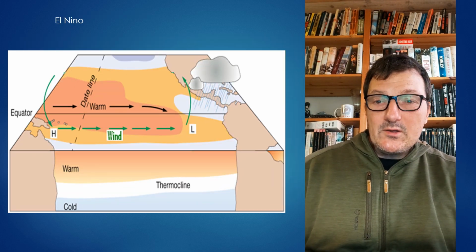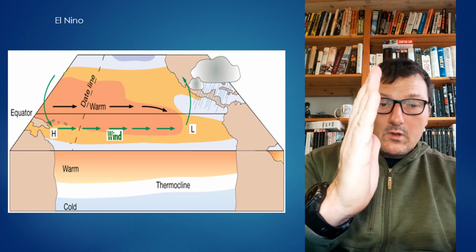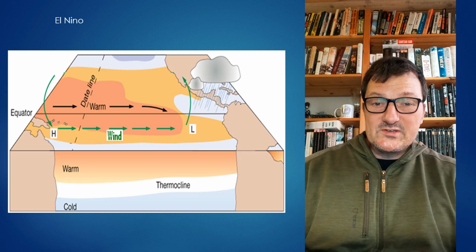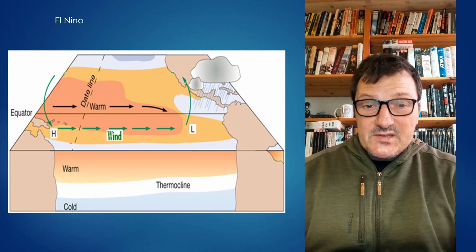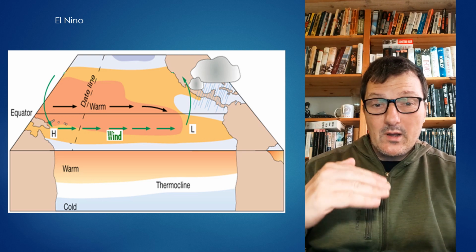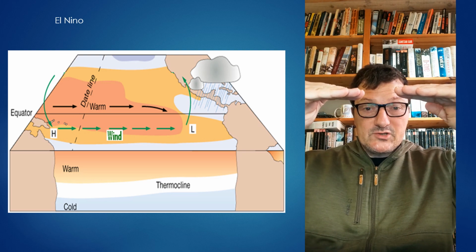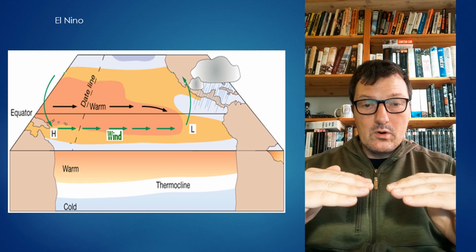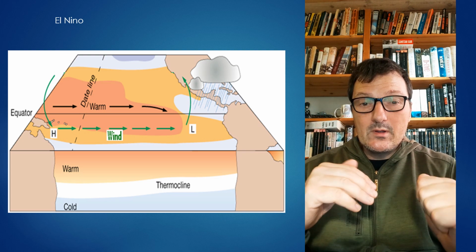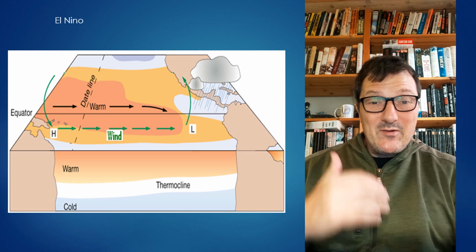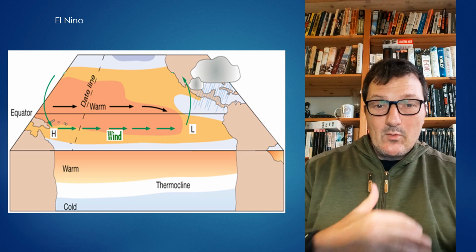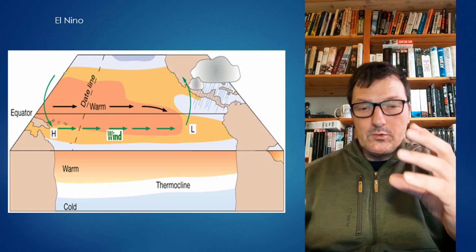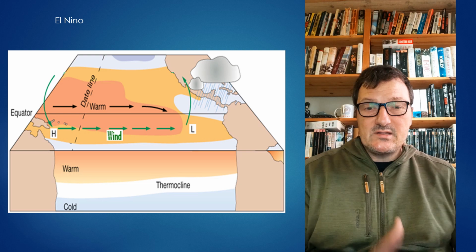Now, under El Niño conditions, the warm water moves further towards South America. This gives us a very fixed thermocline, as we have the warm water lying on top because it has a lower density, and then we have the colder water with a higher density further down. This gives us very little upwelling, because with a fixed thermocline, all the nutrient-rich water at the bottom stays at the bottom.